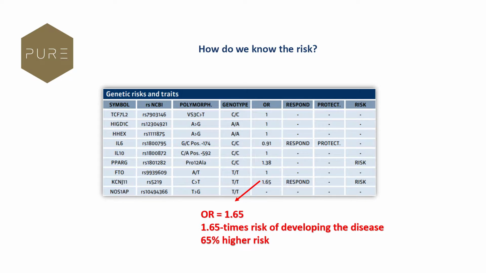So whilst people with CC have a 1-fold risk of developing disease, the person with TT has a 1.65-fold risk. Now this means 1.65 times likelihood of developing the disease, or a 65% higher risk than people with the optimal genes. So if you're interested, you can work with this.